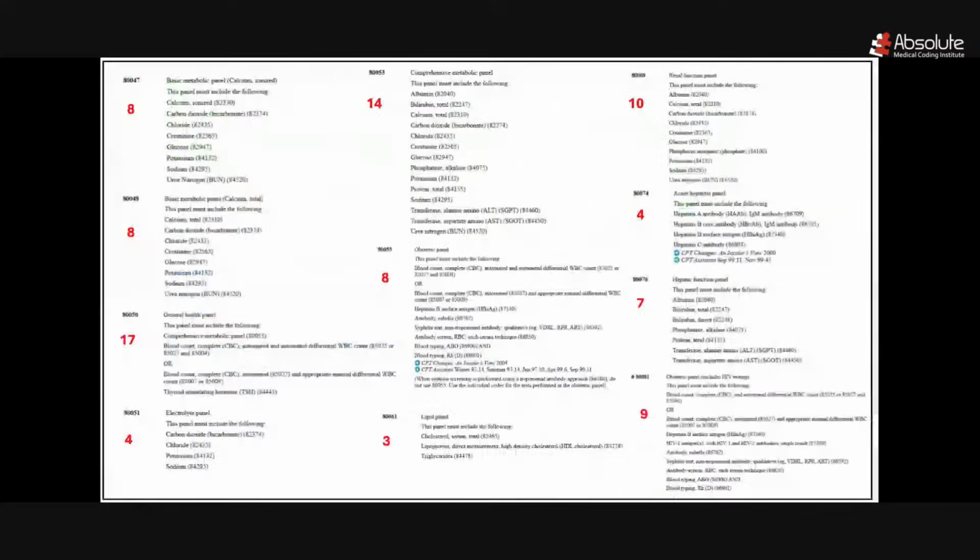Okay. All right. So now let me show how I mark my panels to make the coding a lot easier. So here we have a total of 11 panel codes in your CPT manual, and I've marked the number of tests required to build each panel. And trust me, this is going to be super helpful for you.